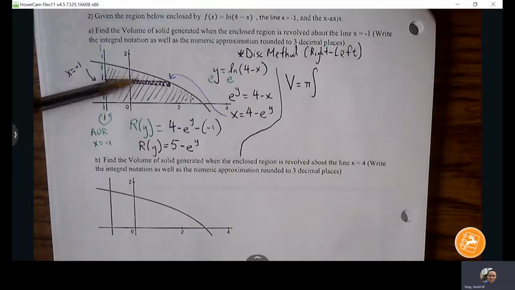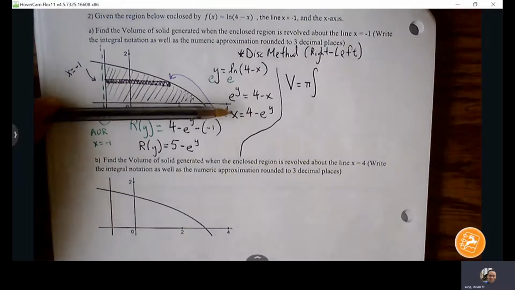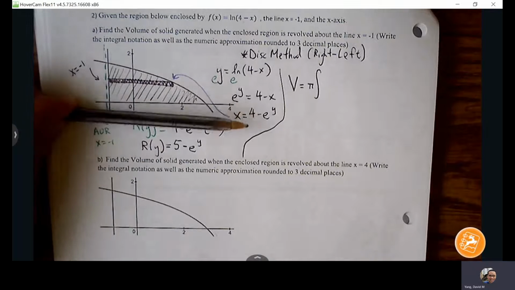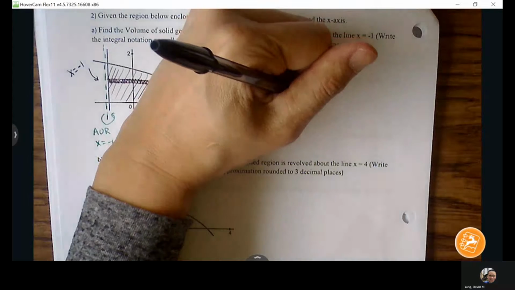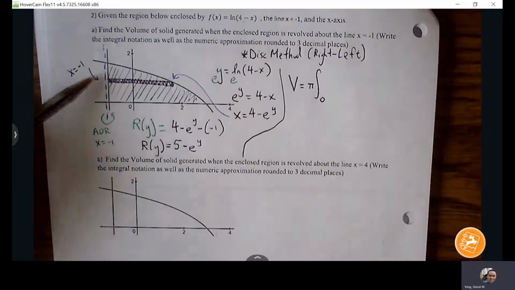Okay, we're stacking these circular disks from down here all the way to up here. What's the lower bound going to be? 0. And how can I find this upper bound, this upper y value?